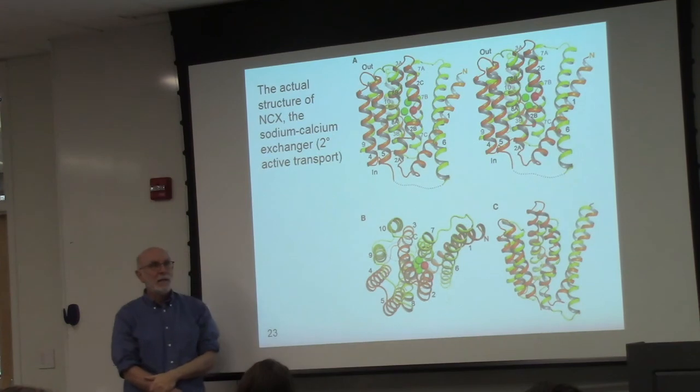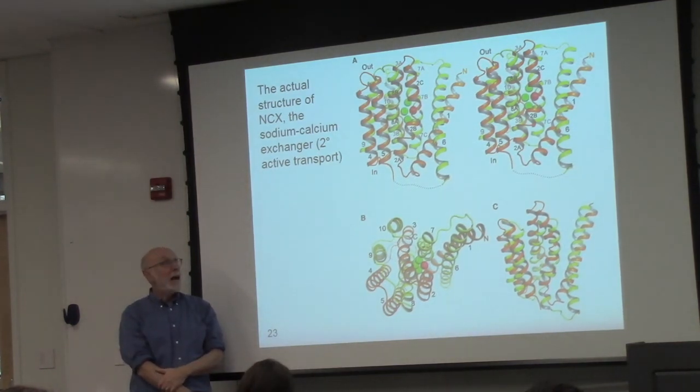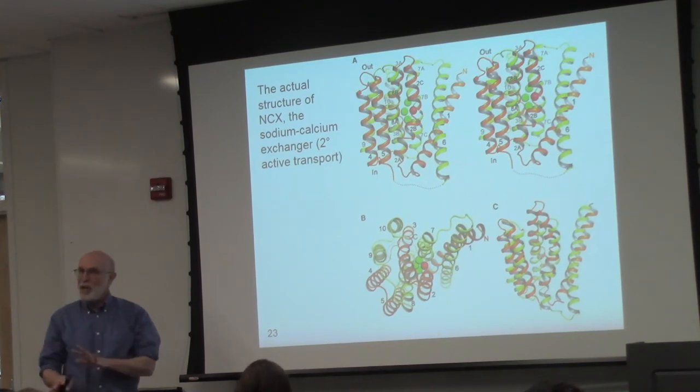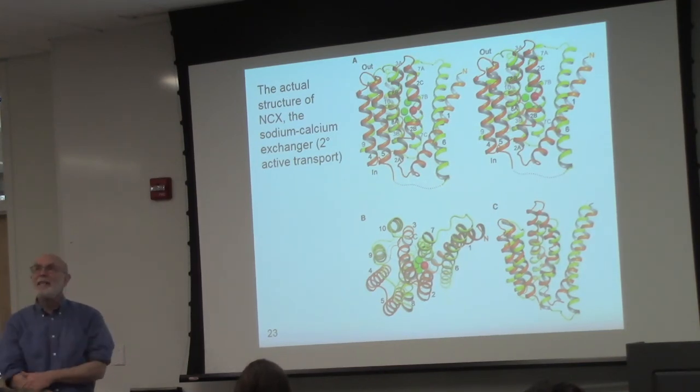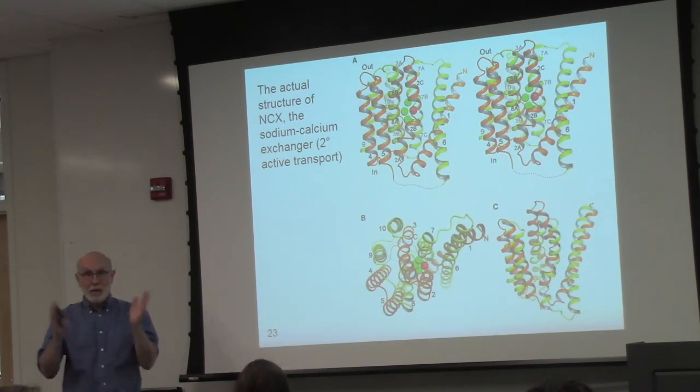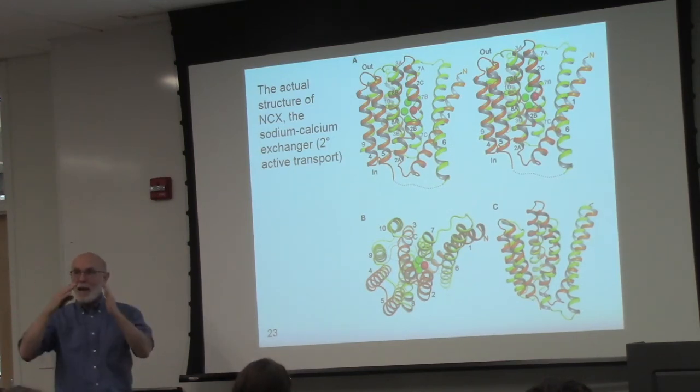Knowing what you know about the sodium-calcium exchanger, what is your guess as to why they showed two colors? Sophie? One is in the sodium-bound state, and the other is in the calcium-bound state, the two different conformational states of this protein. In the blobogram, it goes back and forth like this.